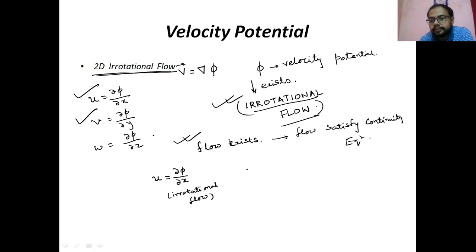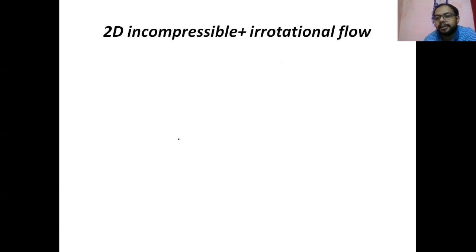We can write the same u as del psi by del y for the case of incompressible flow. From the irrotational flow concept we are getting this, and from the incompressible flow we are getting this. So here, two-dimensional incompressible flow plus irrotational flow is considered.